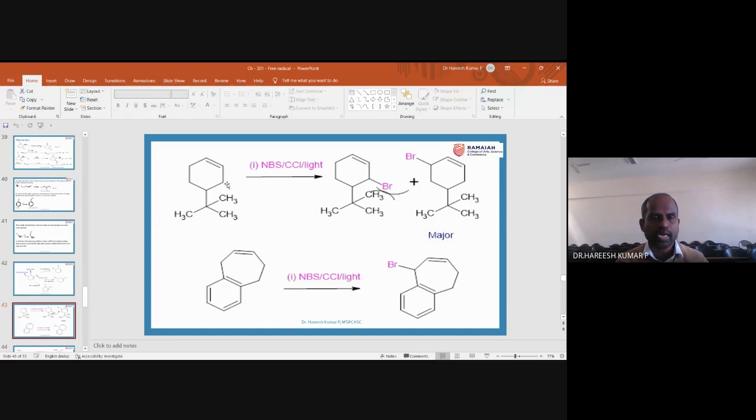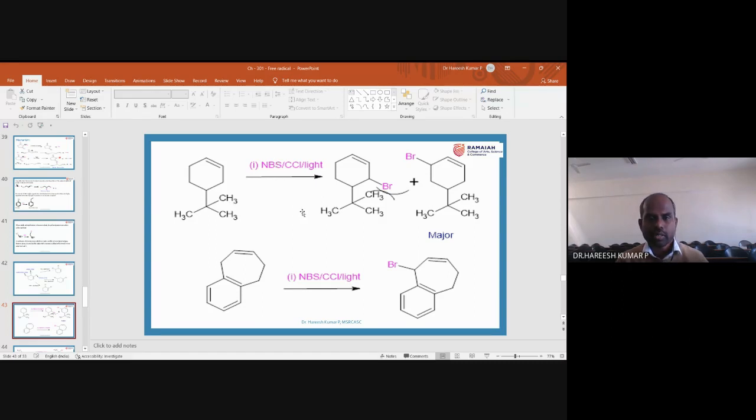The proton attached to this carbon is also an allylic proton. NBS is known for allylic halogenation. Here, what is the halogen? Br radical. It will act as a source of bromine.